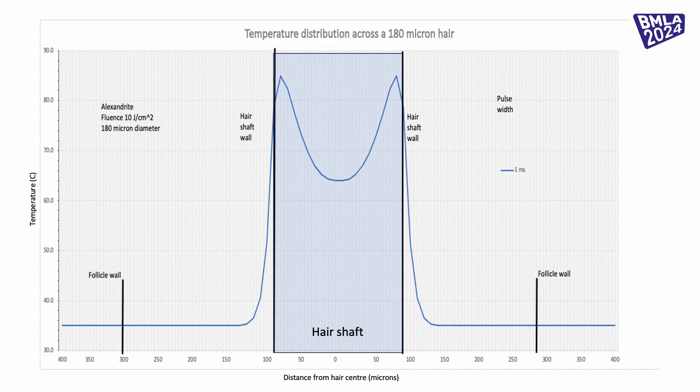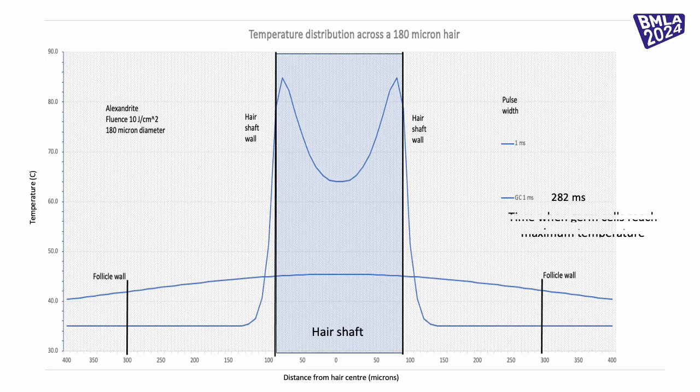So at the end of 1 millisecond, it looks like this. At 282 milliseconds, this profile will have relaxed into the lower profile there, which is when the germ cells or the follicle wall have reached the maximum temperature. And this temperature, you can see, is about 42 degrees for a 1 millisecond pulse.